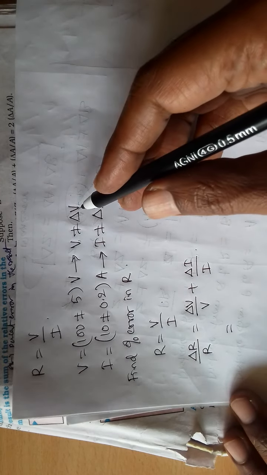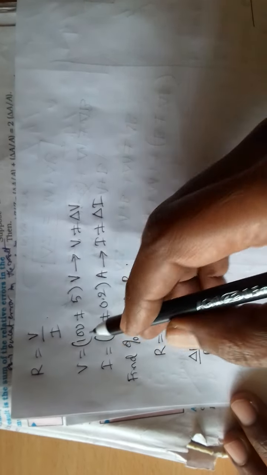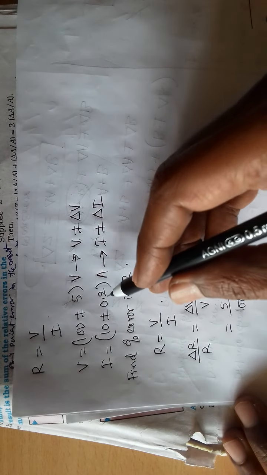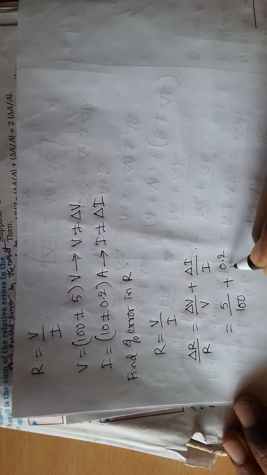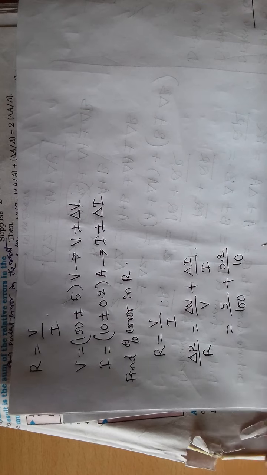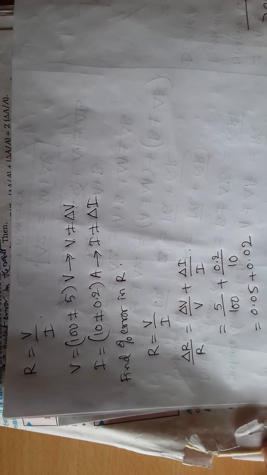Now see, the error in voltage is 5, the mean value is 100, the error in current is 0.2, the mean value is 10. Now here this is 0.05 and this is 0.02. So we get 0.07.